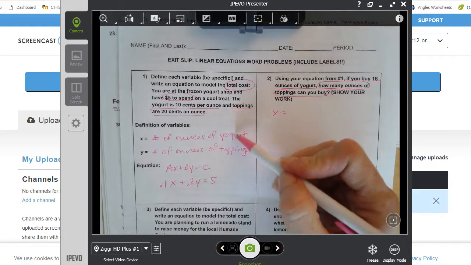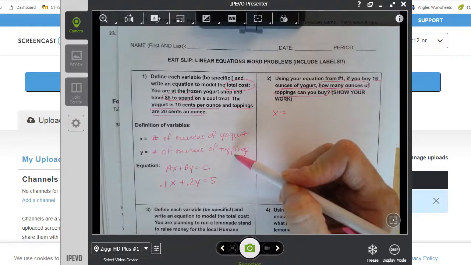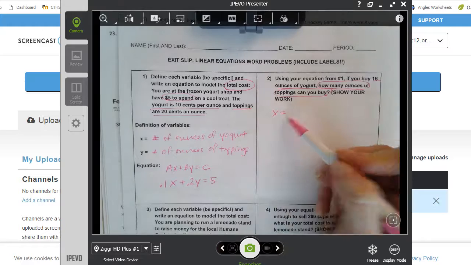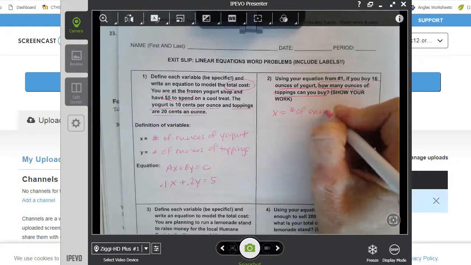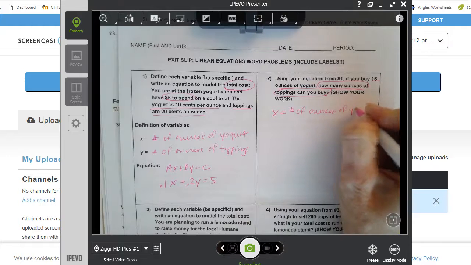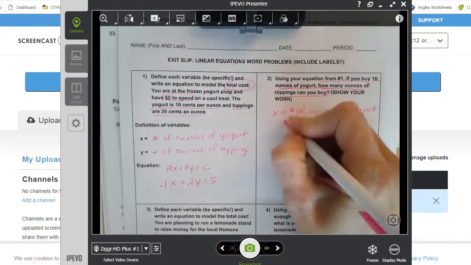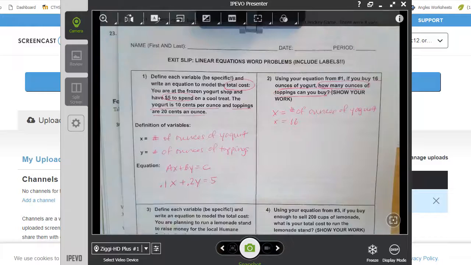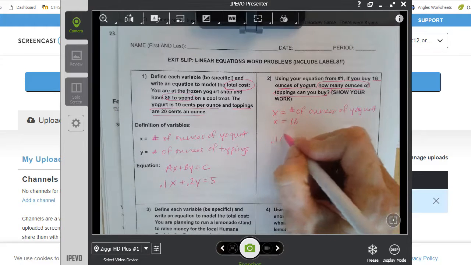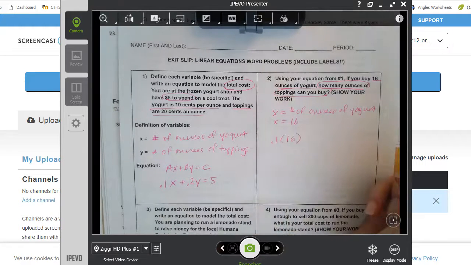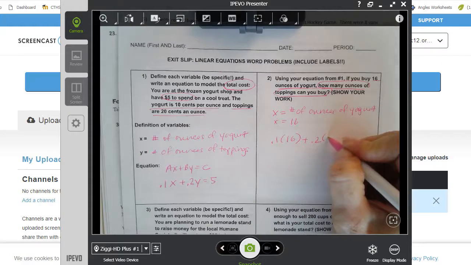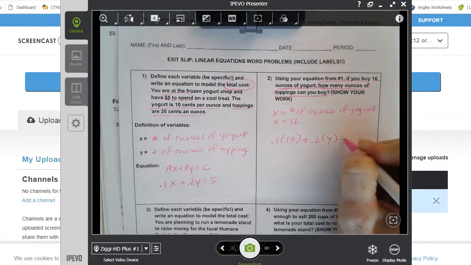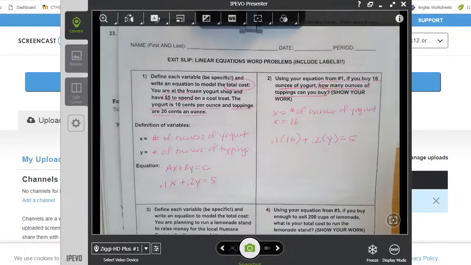If you had these reversed, that's okay, as long as you follow through your thinking. So X is my number of ounces of yogurt, which they have now told me is 16. I'm going to use that in my equation: 0.1 times 16 plus 0.2 times Y has got to equal $5.